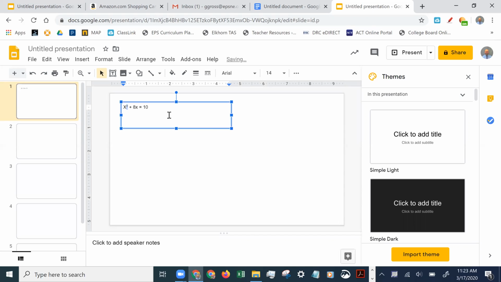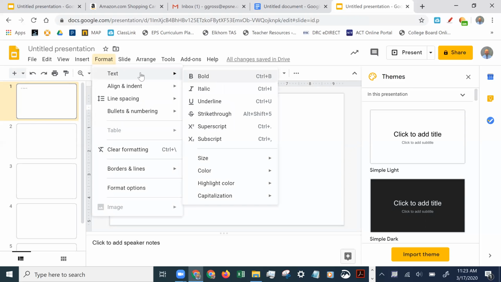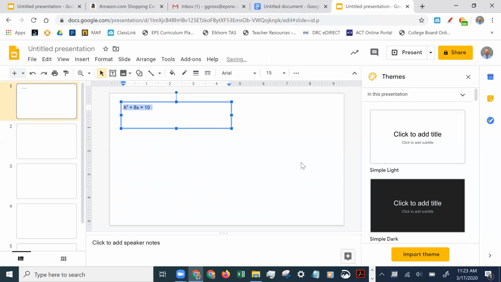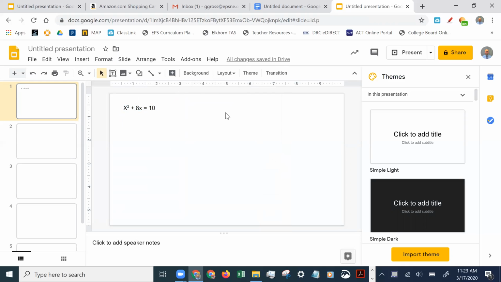That gives me my superscript there. Make this a little bit bigger. Okay, that should be big enough on my screen.